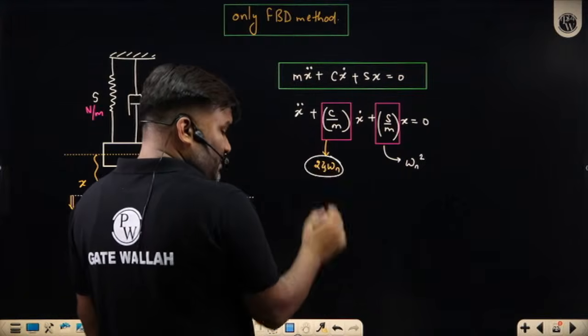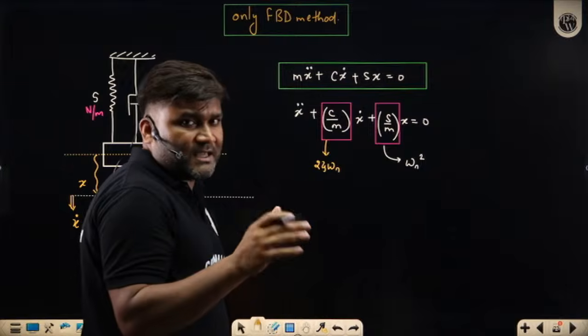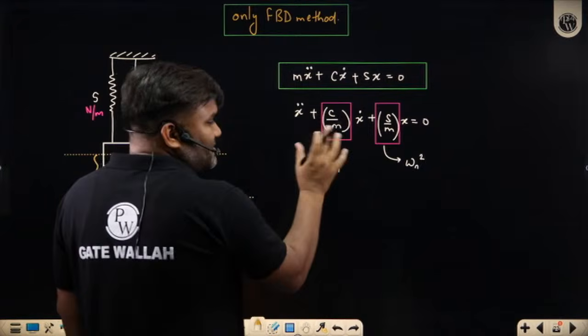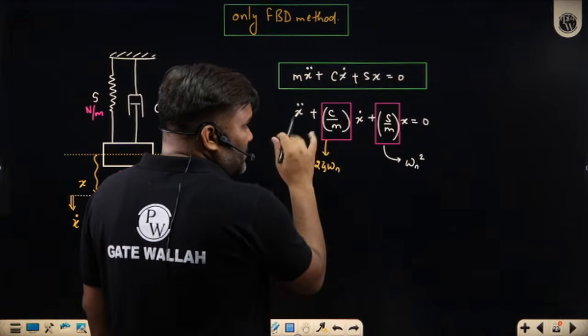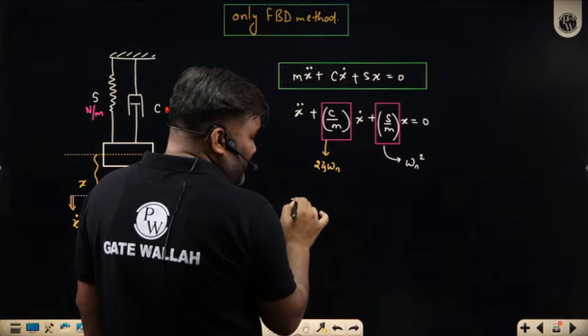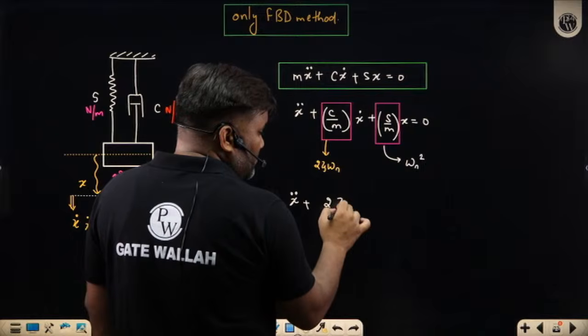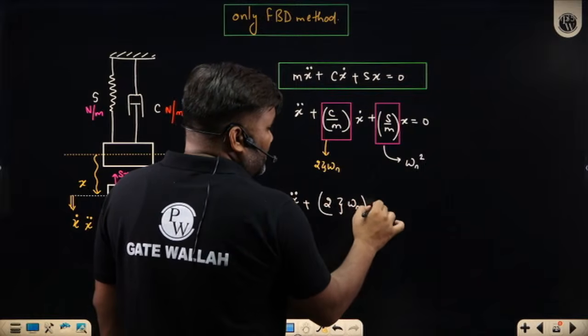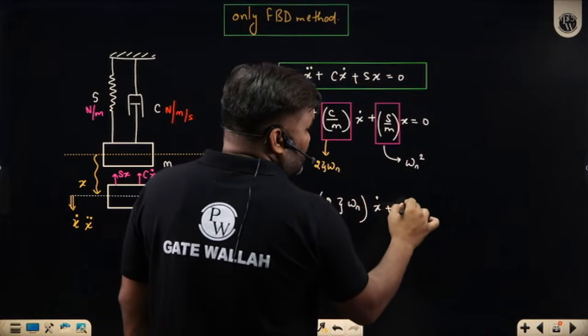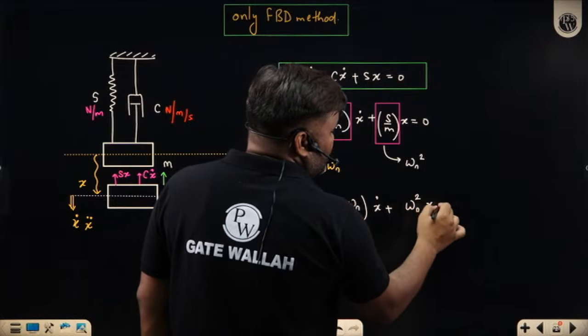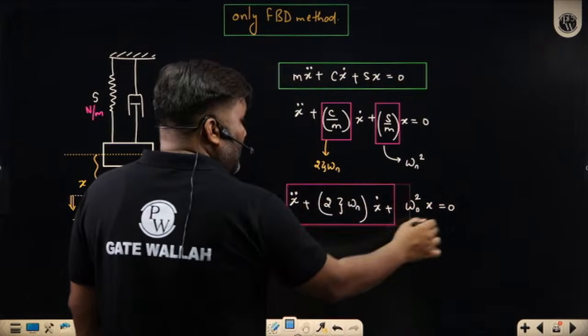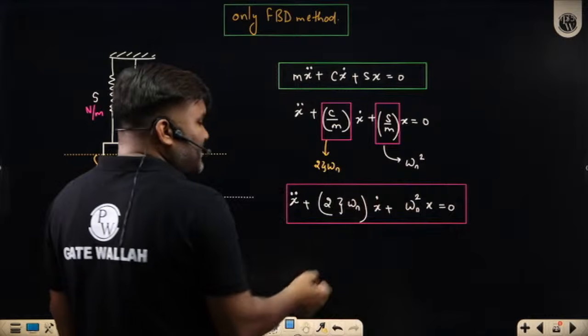From where it has come, I cannot tell without derivation. So just remember this. This further can be rephrased as x double dot plus 2 zeta omega n times x dot plus omega n square x is equal to 0. Same equation I have reframed like this.